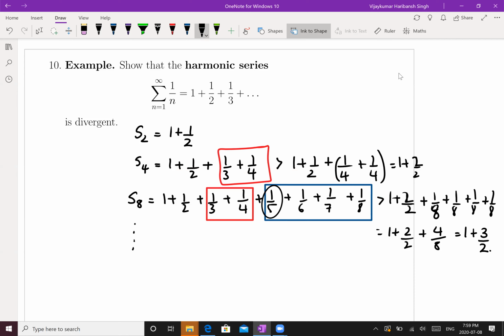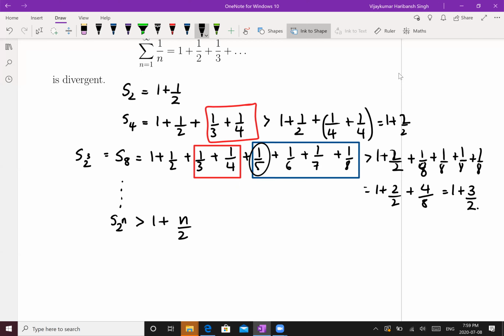So if you keep on continuing this, you will see that S of 2 to the power n is greater than 1 plus n by 2. Because S8 is 2 to the power 3. So therefore, limit as n goes to infinity of S of 2 to the power n is greater than or equal to limit as n goes to infinity of 1 plus n by 2, which is infinity.